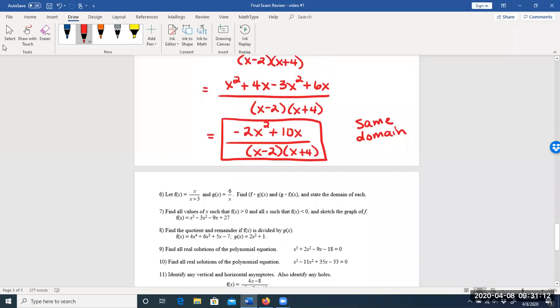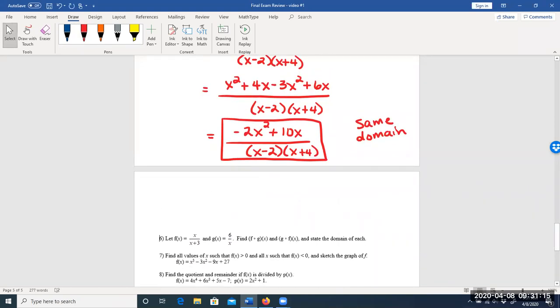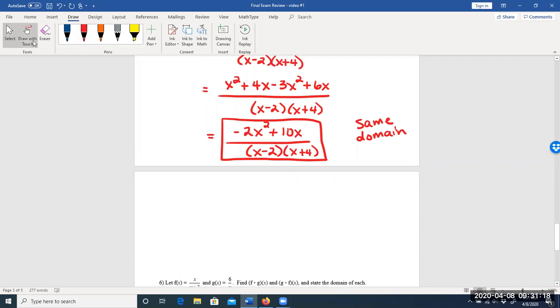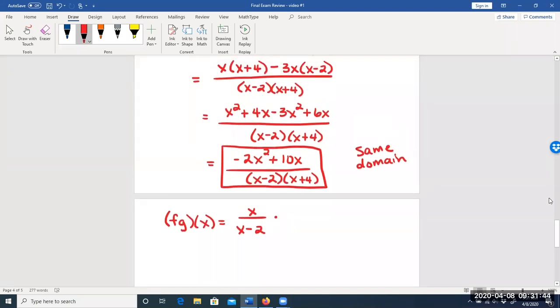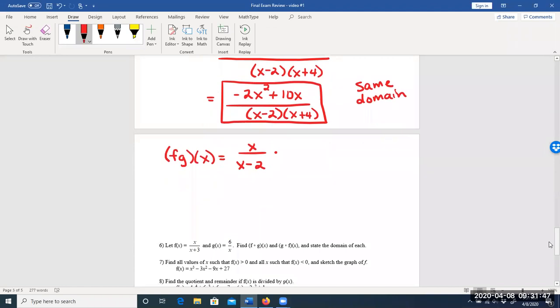All right, let's now look at f times g. This is such a big problem, isn't it? Multiplication is actually the quickest of all of the operations. So we're going to take f, which was x over x minus 2, and multiply times g, which is 3x over x plus 4.